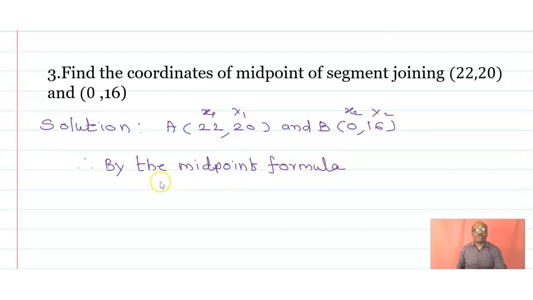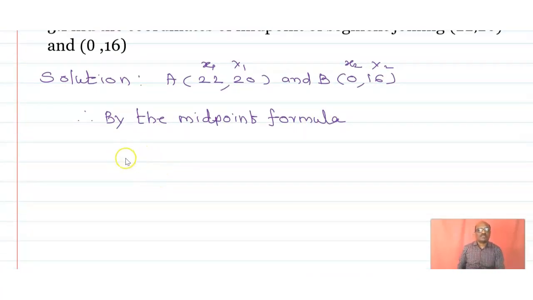Okay, midpoint formula. What about here? x is equal to (x1 plus x2) upon 2, and that is equal to (22 plus 0) upon 2, which is equal to 11.